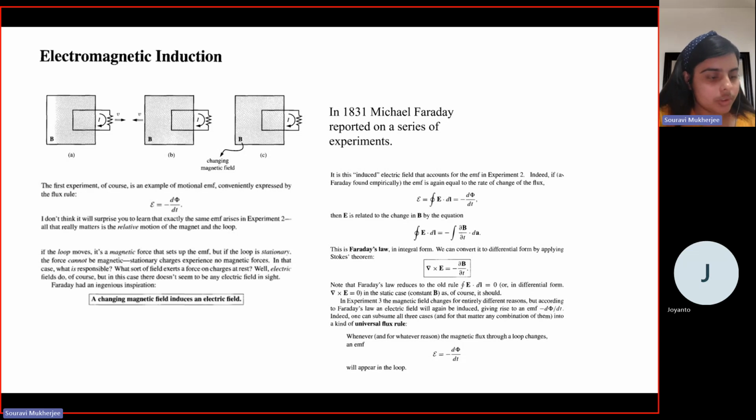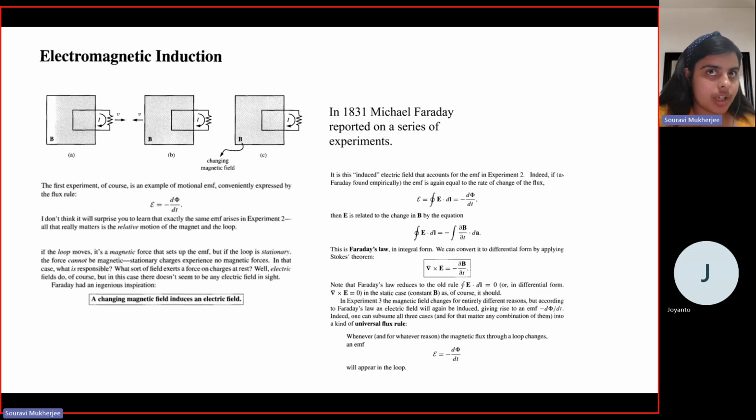But this caused a confusion. Why? Because we know that magnetic fields can only exert force on moving charges. So if nothing is moving, how come there is a force that is generated, right? Nothing is moving, everything is at rest, but yet there is a force.